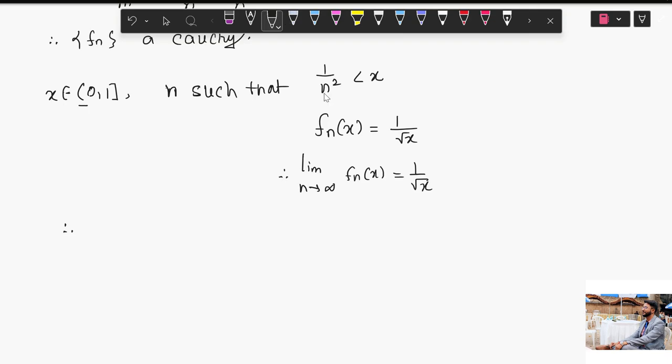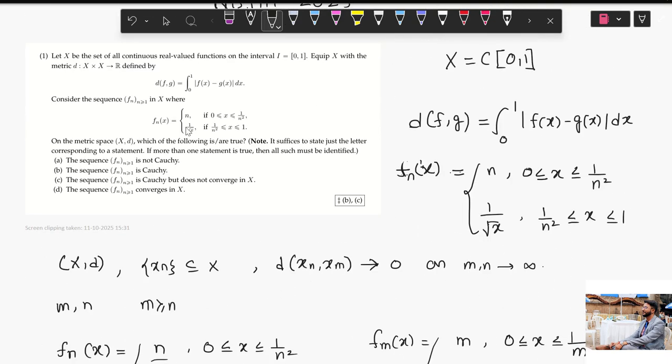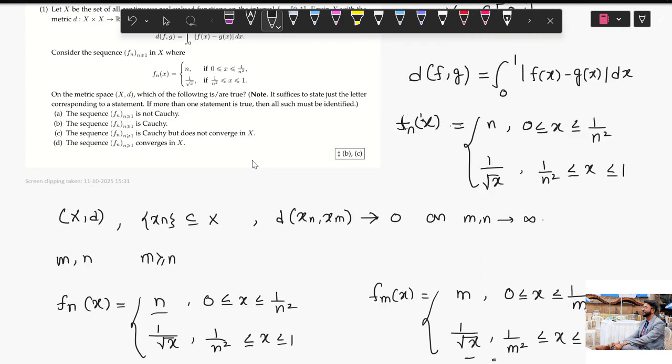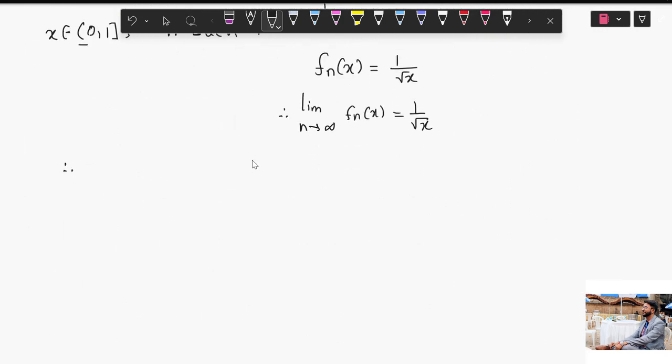But note that if we try to find its pointwise limit at x equal to 0, the value of fn 0 is nothing but n, and limit n tends to infinity fn 0 is nothing but infinite, right?